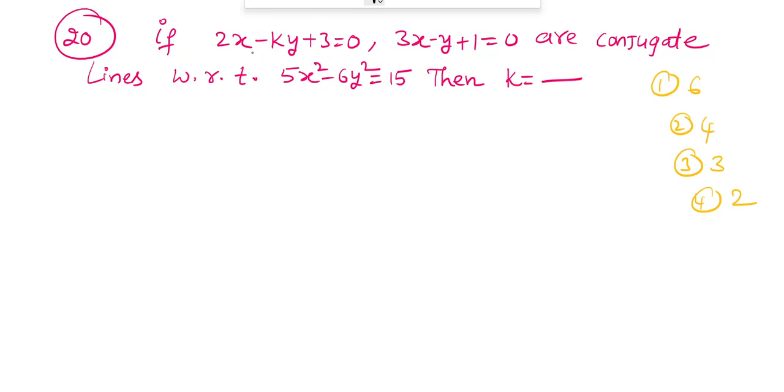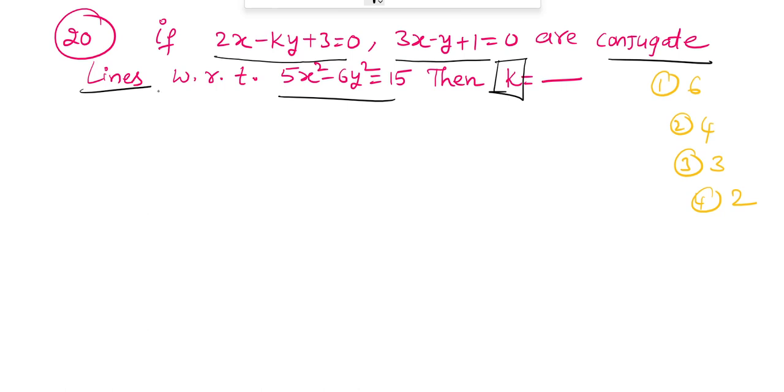This is the 20th question. If 2x plus ky plus 3 is equal to 0 and 3x minus y plus 1 is equal to 0 are conjugate lines with respect to the hyperbola 5x square minus 6y square is equal to 15, then the value of k is dash.